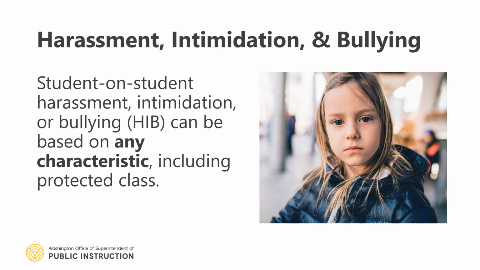We also need to talk about harassment, intimidation, and bullying, or HIB, and its overlap with discriminatory harassment. As school employees, we are all familiar with our school's harassment, intimidation, and bullying policy and procedure, which covers student-on-student bullying based on any characteristic, including protected class.